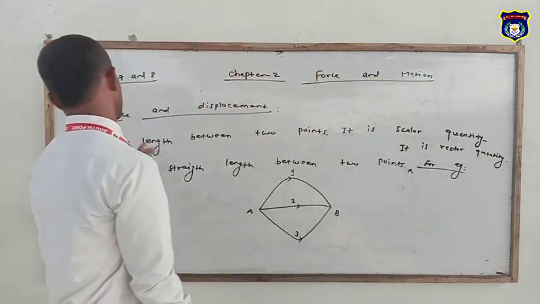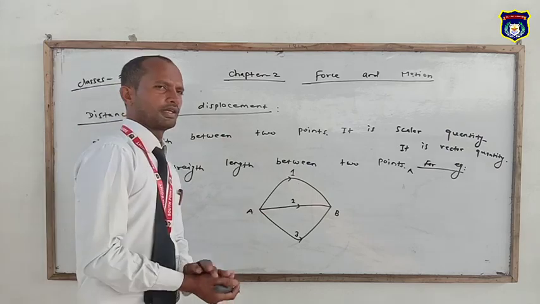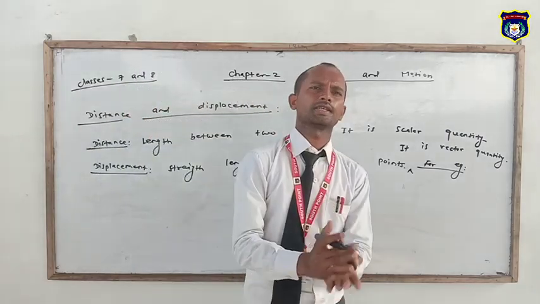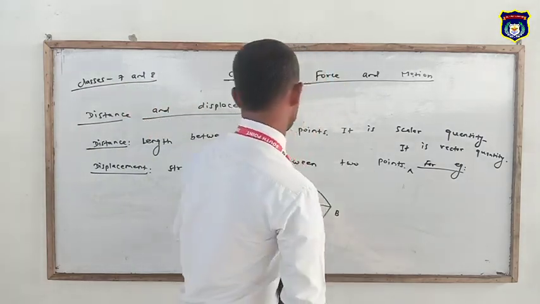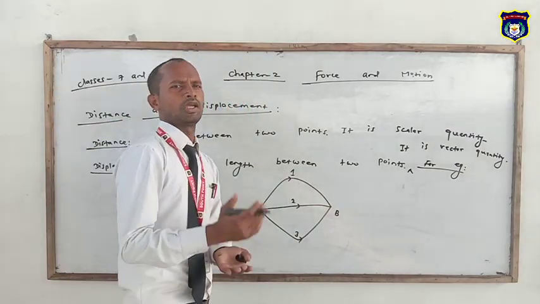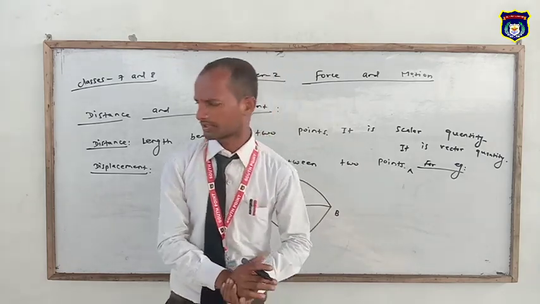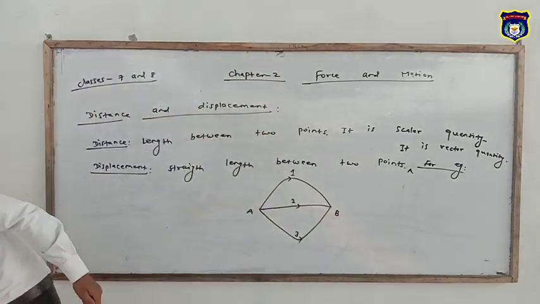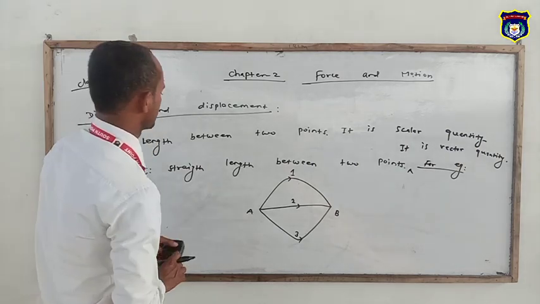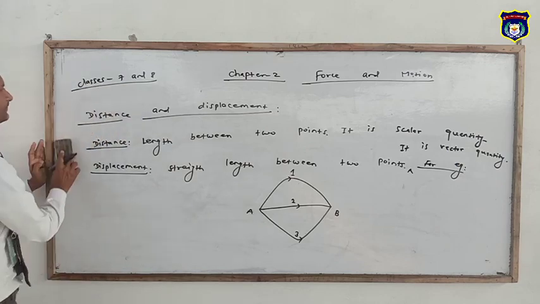And other terms related to distance and displacement are speed and velocity. Here also we discuss speed and velocity depending on whether they are scalar or vector quantities. So after distance and displacement, let's try to understand speed and velocity.